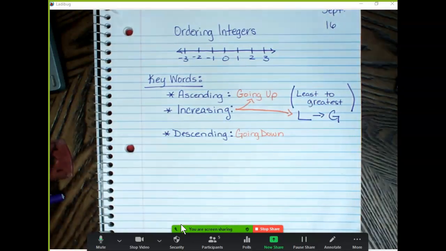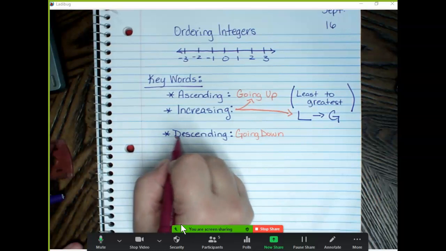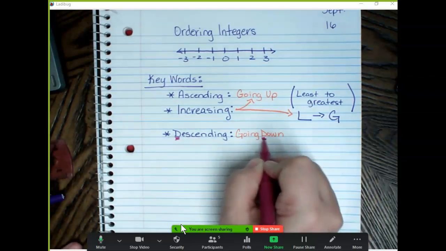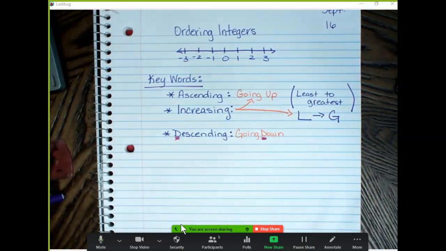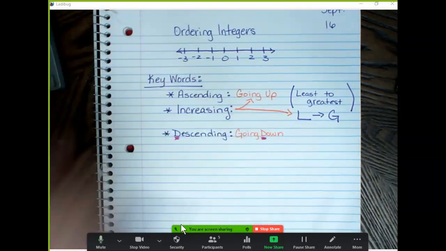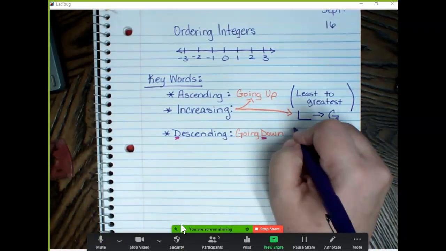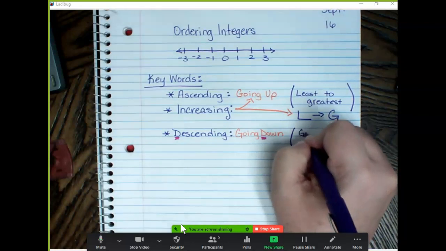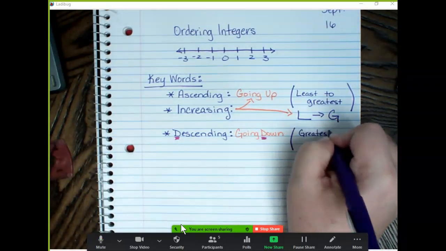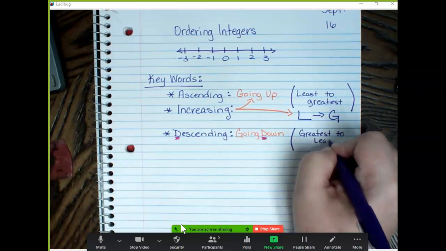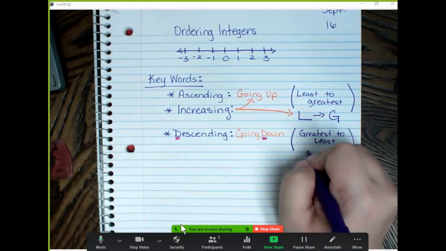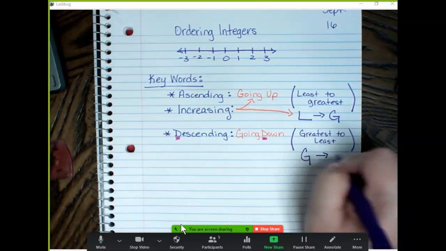One thing that helps me remember is that descending starts with the letter D, and going down starts with the letter D. So if something is going down or getting smaller and smaller, I'm going down my number line. Is that least to greatest or greatest to least? Yes, that is what we call greatest to least. Again, I use my big letters, greatest going to least.